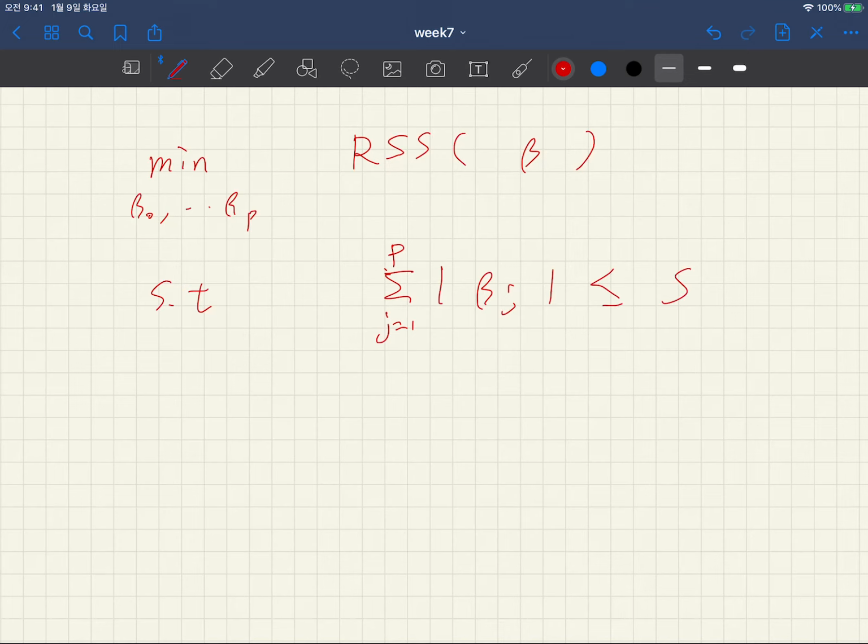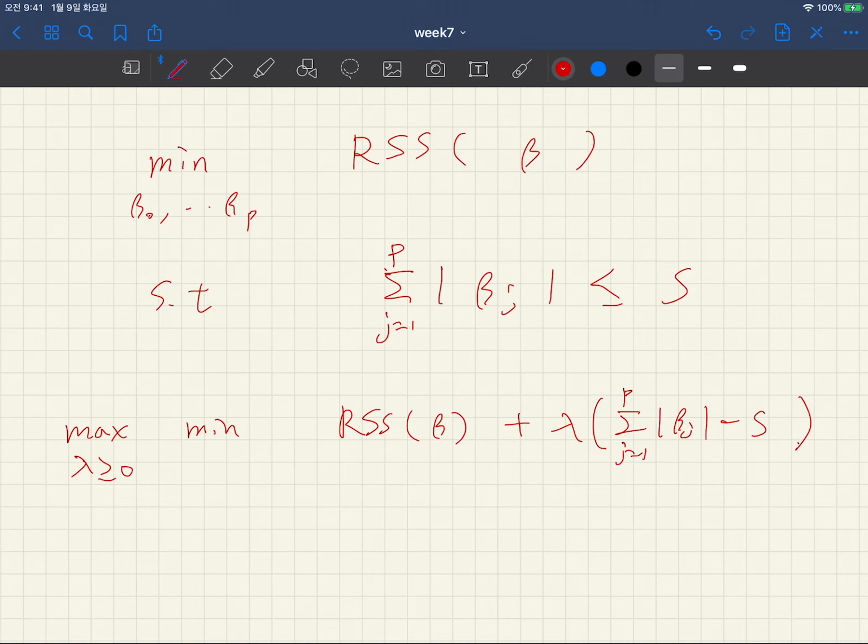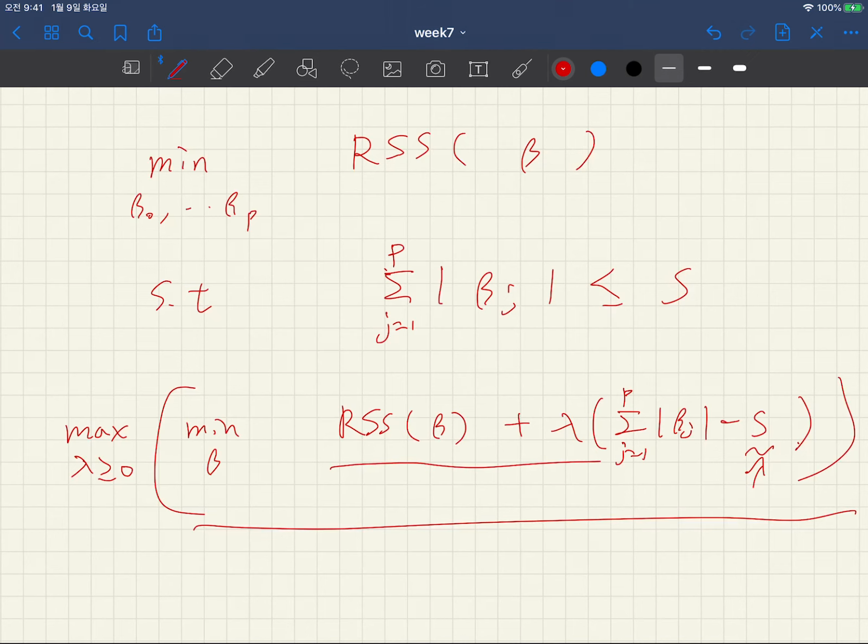Then the Lagrangian dual problem takes this form: max over lambda greater than or equal to 0, minimize RSS(beta) plus lambda times the summation j equals 1 to p of the absolute value of beta j minus s. Again, this is constant with respect to beta, so for this process, we don't need to consider this term. So essentially, this is equivalent to the LASSO.